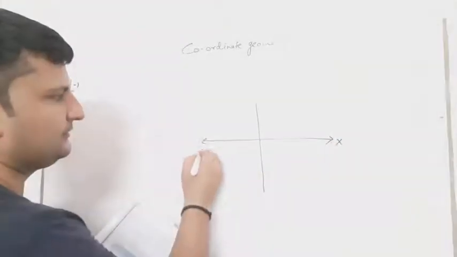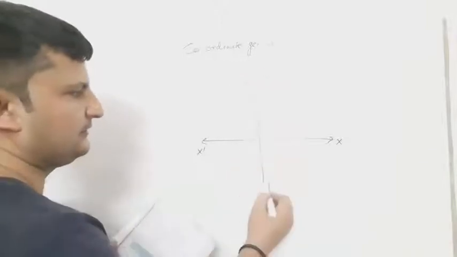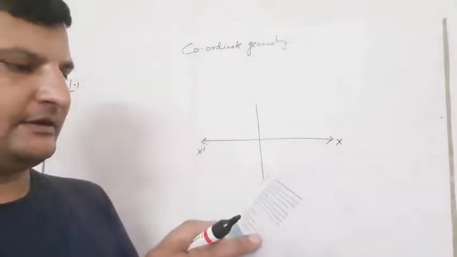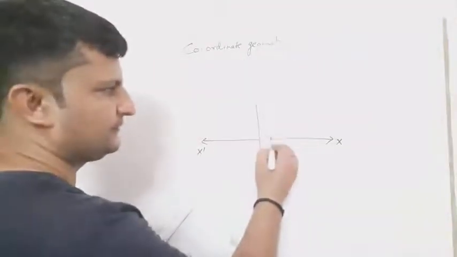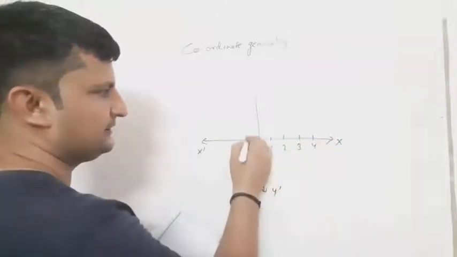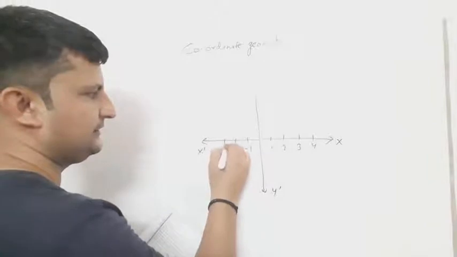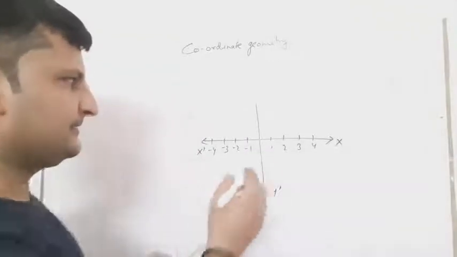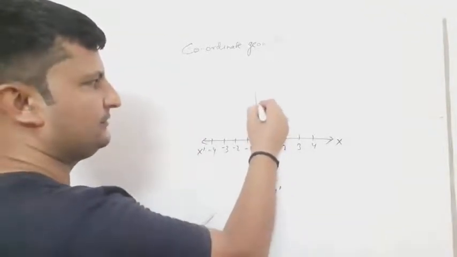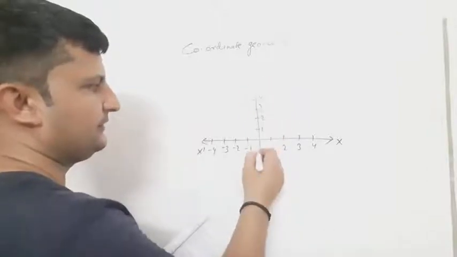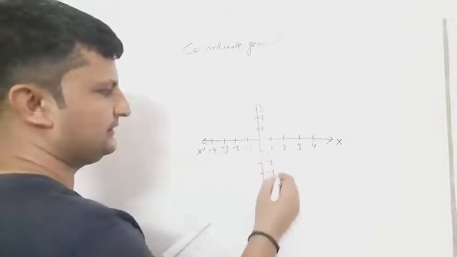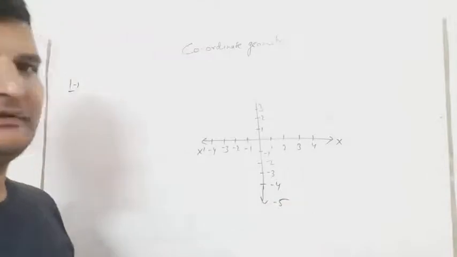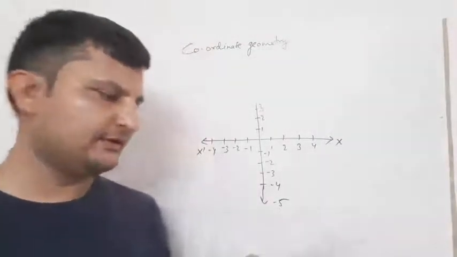On the x-axis the points are 1, 2, 3, 4, 5 on the positive side, and here -1, -2, -3, -4 and -5. You can make it in your graph copy. These are the questions for graph paper also.